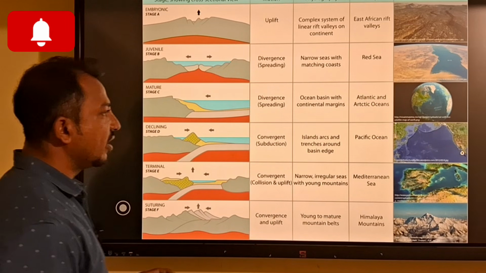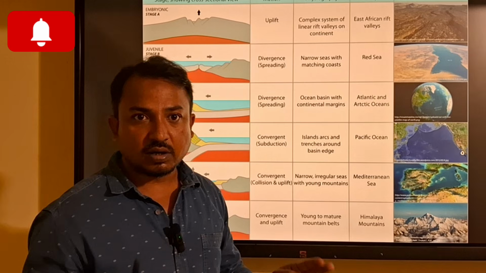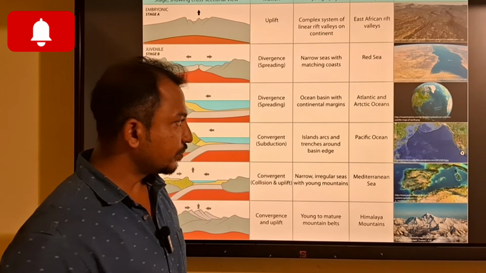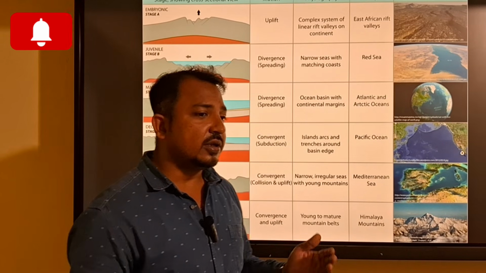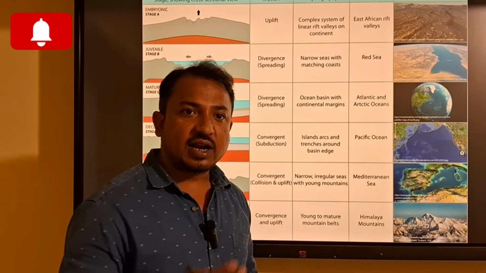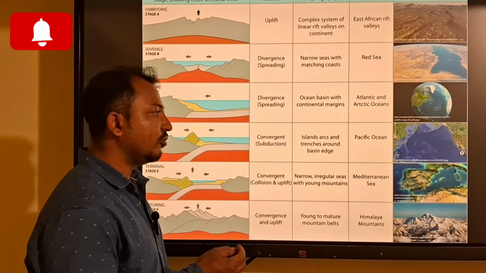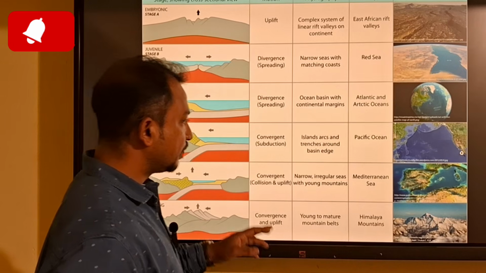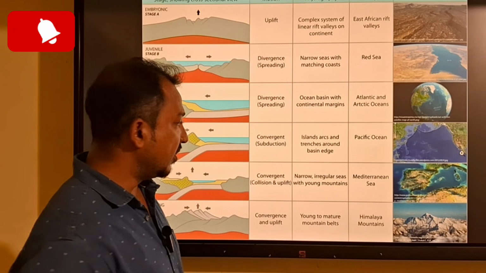Then the declining stage, where the oceanic plate will now converge and gradually start to be destroyed. It is the Pacific Ocean, where it is converging on both the Eurasian plate side and the American plate side, where the plate is gradually destroyed. That is the declining stage. Then the turbulent stage, where gradually it will converge.